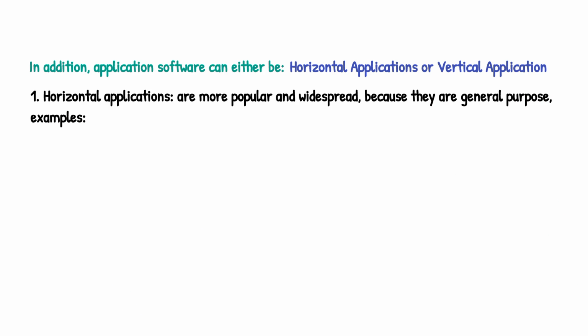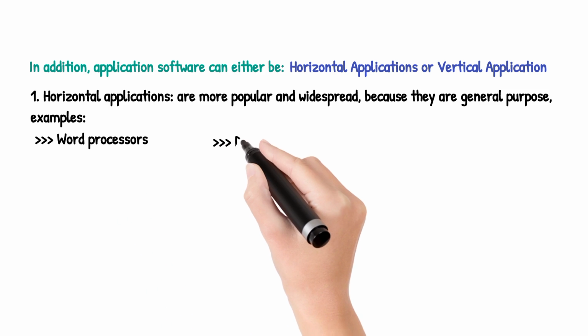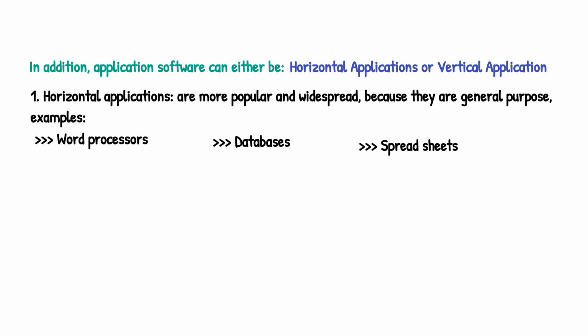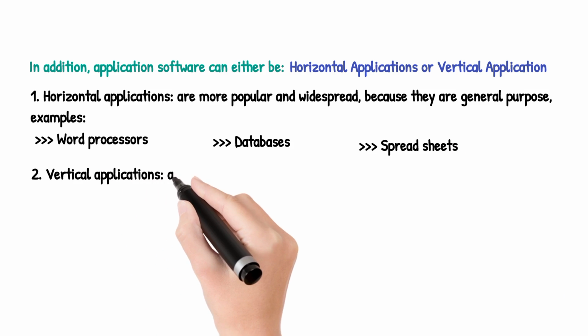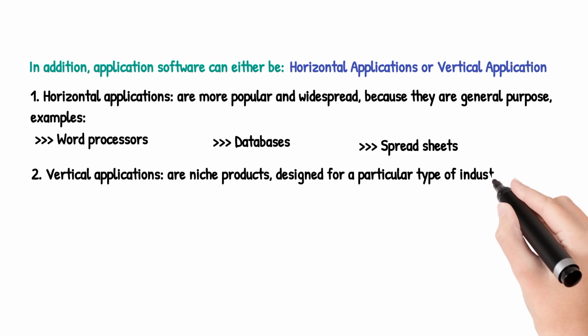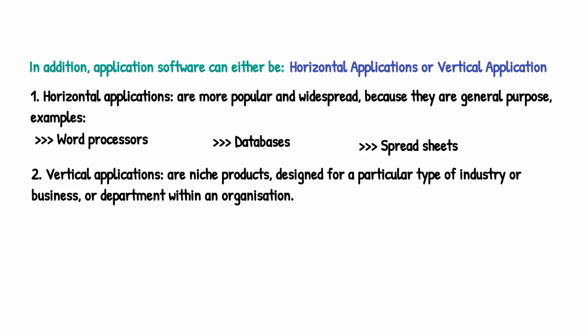Examples of horizontal application softwares may include word processors, databases, spreadsheets, just to mention a few. And the vertical application softwares are niche products designed for a particular type of industry or business or even a department within an organization.